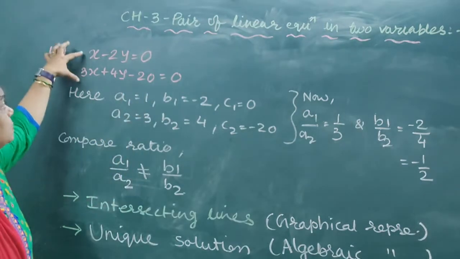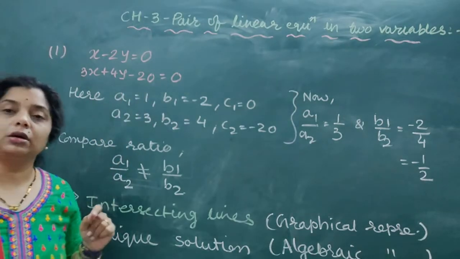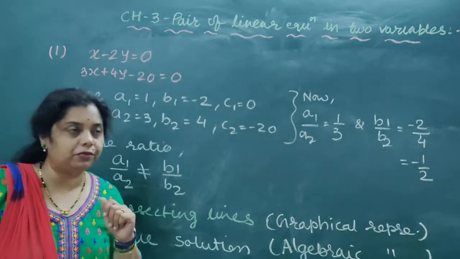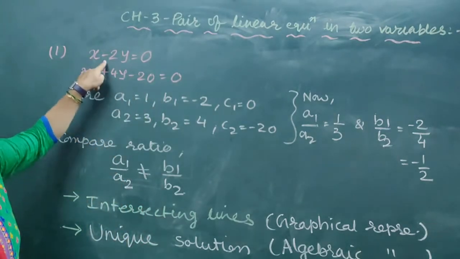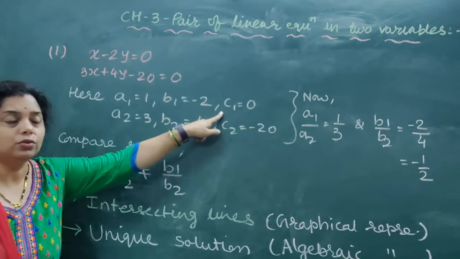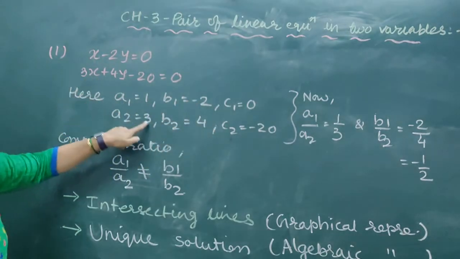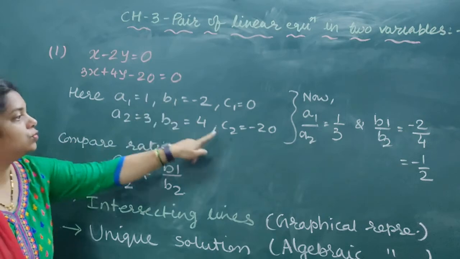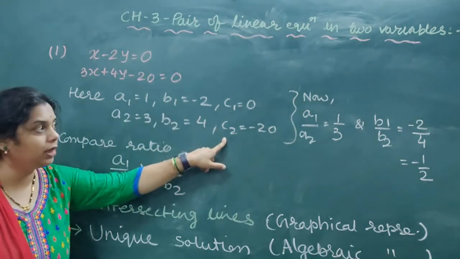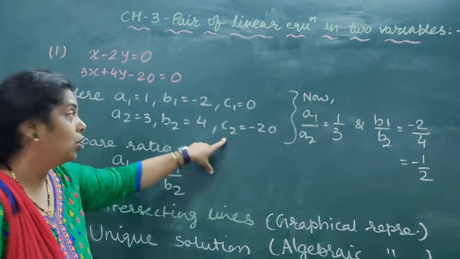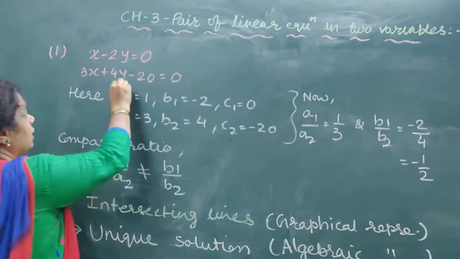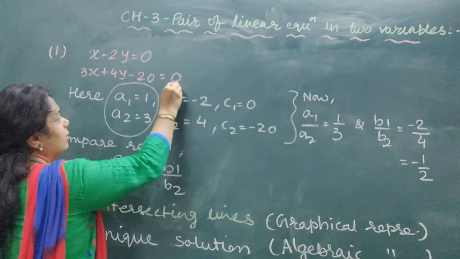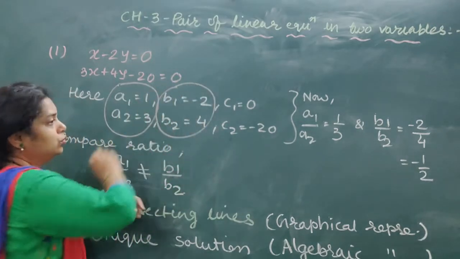If I compare this pair with the standard form of a pair of linear equations, I get a1 is 1, b1 is minus 2, c1 is equal to 0, a2 is 3, b2 is 4 and c2 is minus 20. Now if I take the ratio a1 by a2, and then b1 by b2, so what?